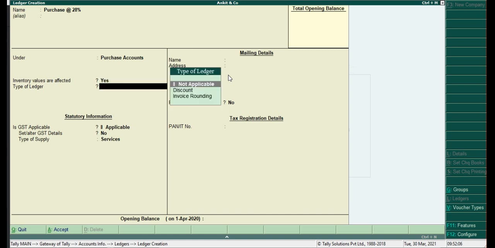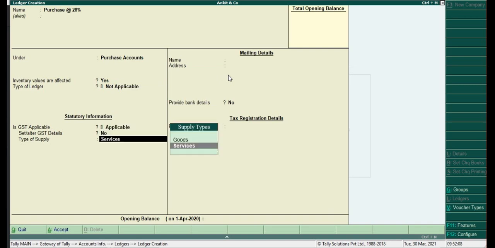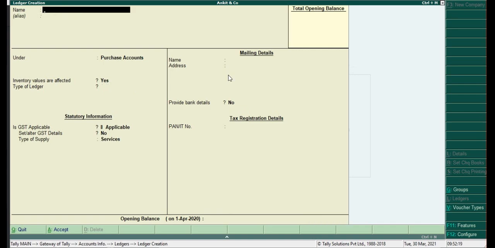Clear? See, you can observe here: the previous purchase we did with 5%, but now we are doing it with 28%. Okay, and one more we have to create, that is the IGST ledger. Why? Because it is interstate, no?